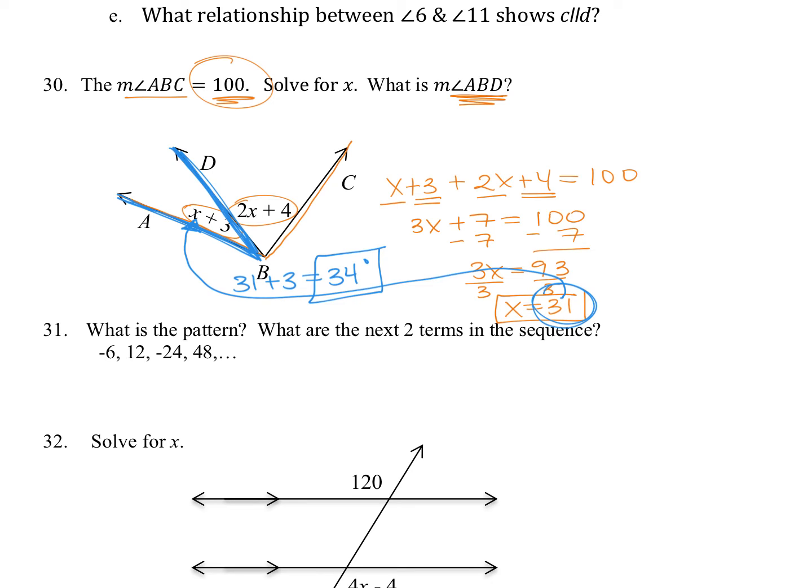Read the question every single time. What am I looking for? If I'm not asking for X, what am I asking for? Find the angle, plug it in, okay? So take your time, read each question slowly, make sure you're answering my question, not just finding some piece to the problem. Find the end result of the problem, okay?